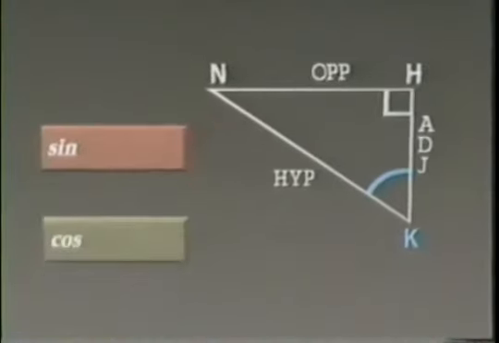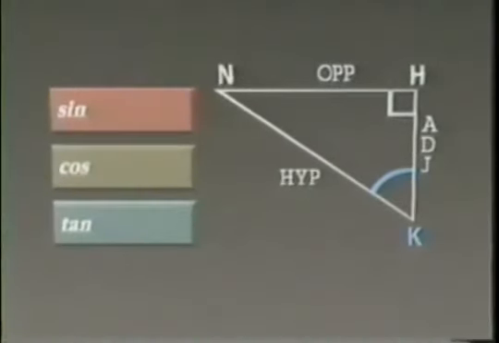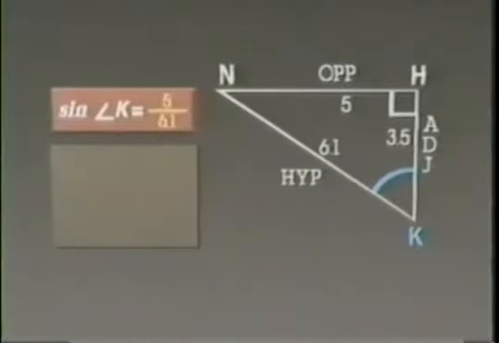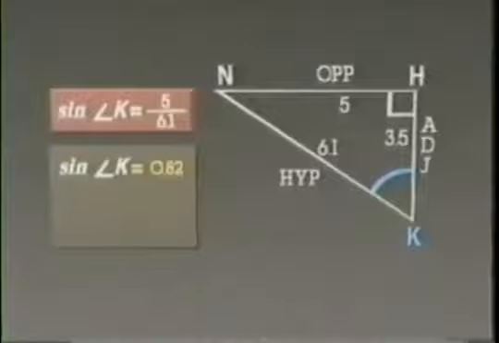Now let's see how trig ratios can be used to find an angle K. Again, with some numbers, the sine of angle K is 5 divided by 6.1, or 0.82.